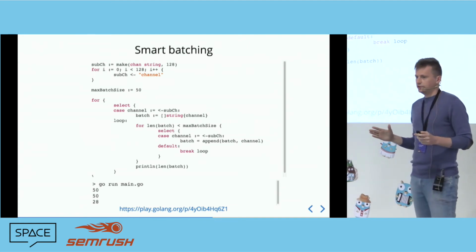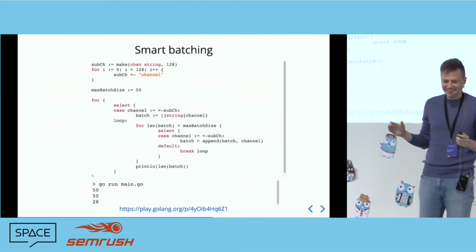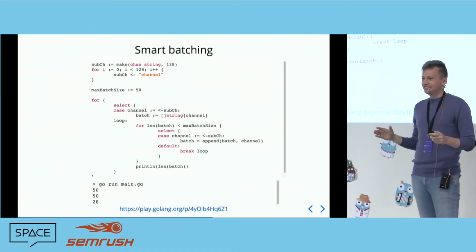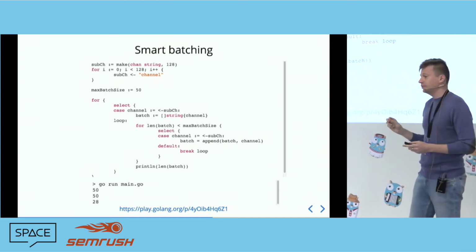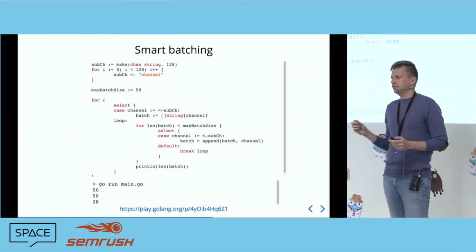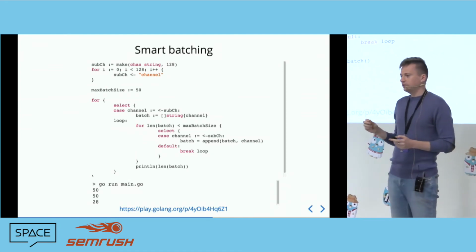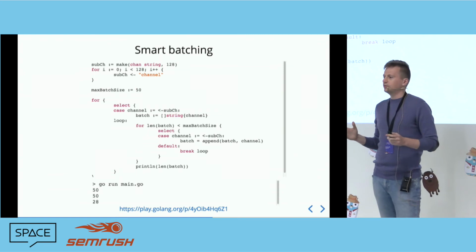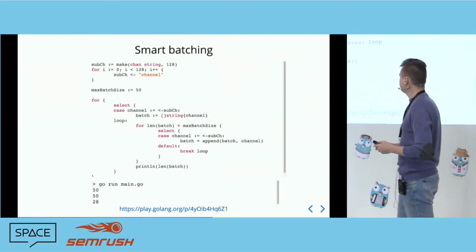You have a source channel from which you collect items to process. And you know the fact that it's not very performant to process an individual item. But you know that if you have a batch of items, you can process them more quickly, faster.